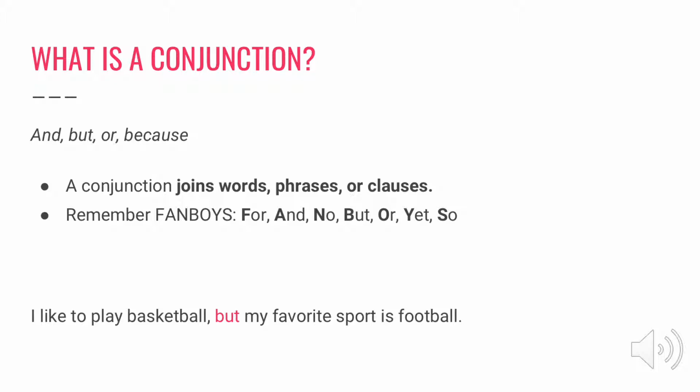This can be used to help people use more conjunctions in certain sentences. An example of a conjunction being used in a sentence is I like to play basketball, but my favorite sport is football. Some other examples of conjunctions are and, but, or, and because.